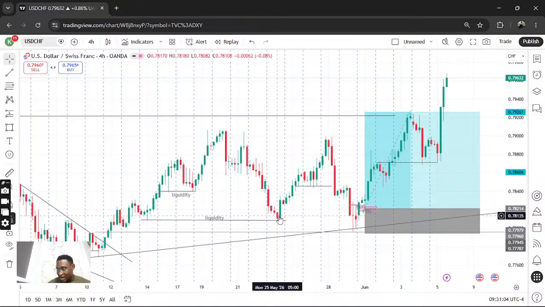What do I mean by that? If you are just waiting for an order block, you may not have been able to take this particular trade. You may be thinking that when the market taps into here, this is a change of structure, and when the market taps into this particular fair value gap here, then it is going to continue going downwards.